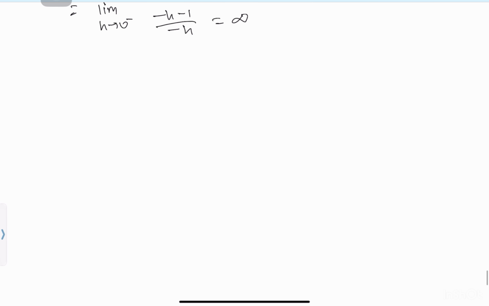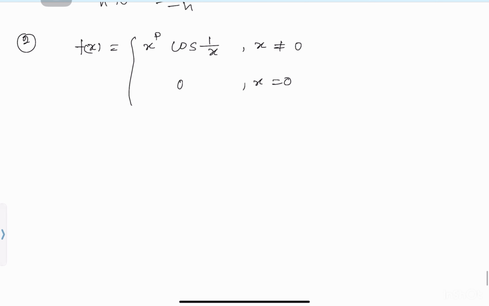Now next question, the second question. The given function is f of x equal to x to the power p cos 1 by x when x not equal to 0, and 0 when x equal to 0. You have to check the options. First option: continuous if p greater than 0 and differentiable if p greater than 1.